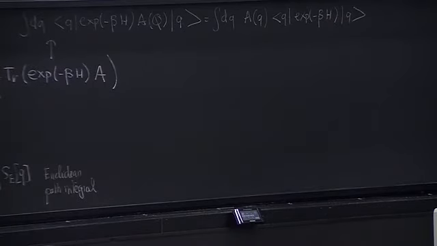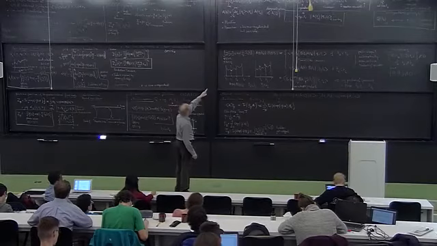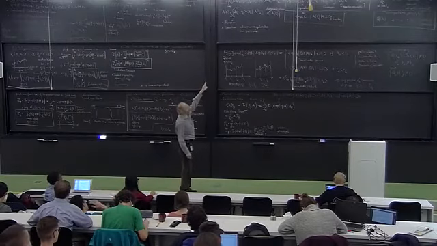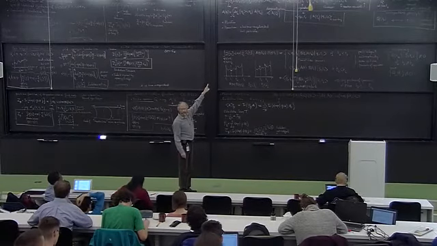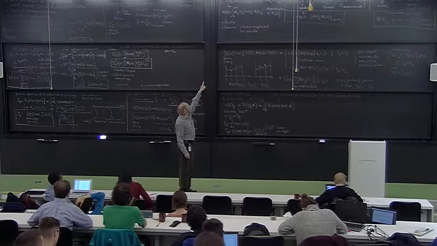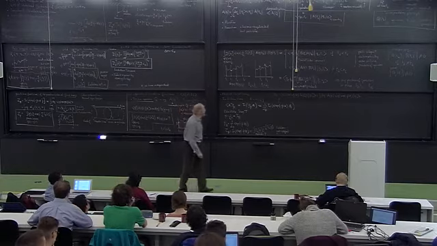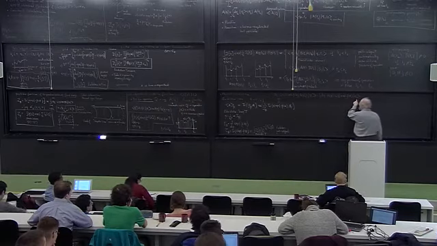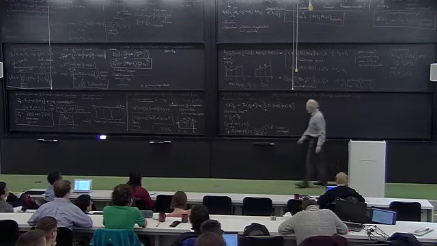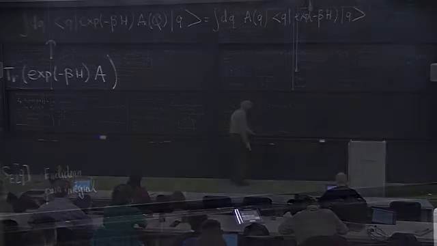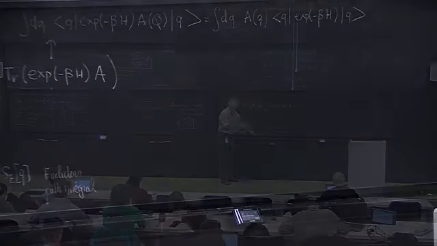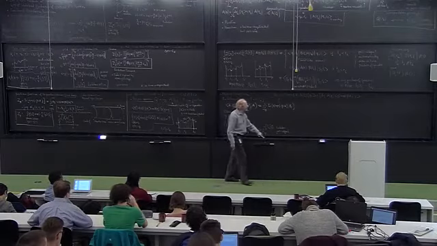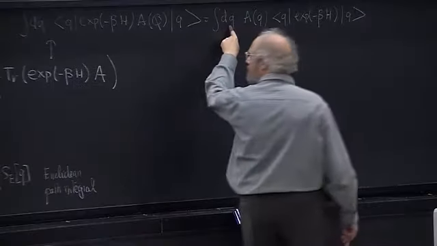Precisely because the A of q can be written in the diagonal basis as an integral of a q projection operator times A of q, where q is a number. And this is given by the very same path integral, but with initial and final boundary conditions specified by q.